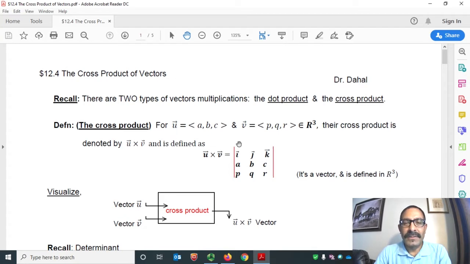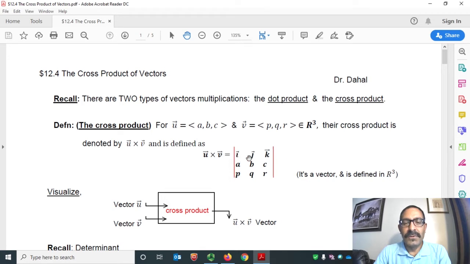For two vectors in space, u vector and v vector, where u has components a, b, c, and vector v has components p, q, r, their cross product is denoted by u cross v and is defined as u cross v equals this 3 by 3 determinant.